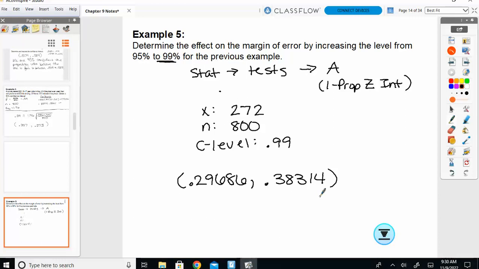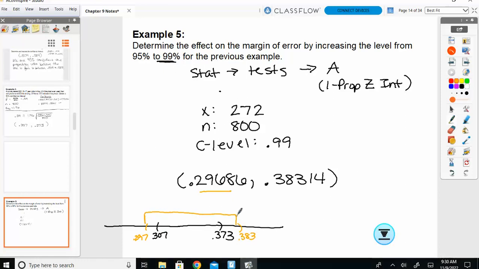How does this interval compare to the first one? So the first one started at 0.307 and went to 0.373. This one started at 0.297, so that's a little before this, and ended at 0.383.